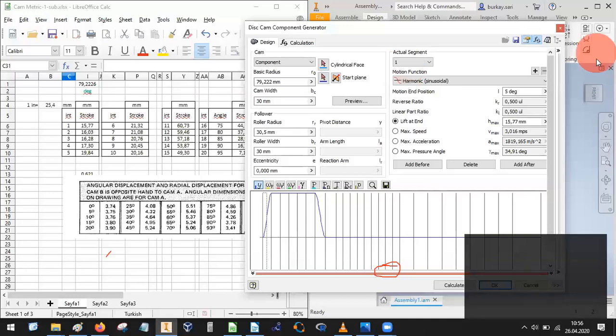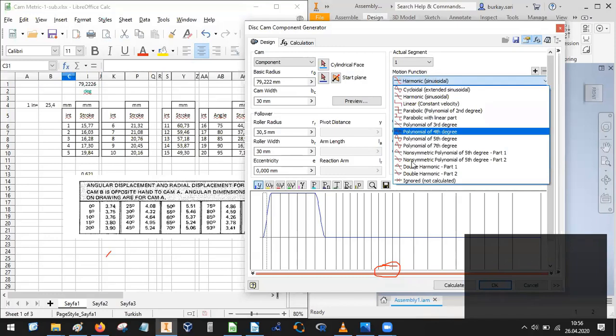The motion and position for the first segment starts at 0 degrees, which is this point, and ends at 5 degrees. And the lift at this end point, as you see, we also have different types here. You can make any entries here.